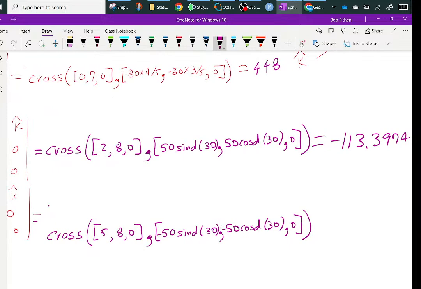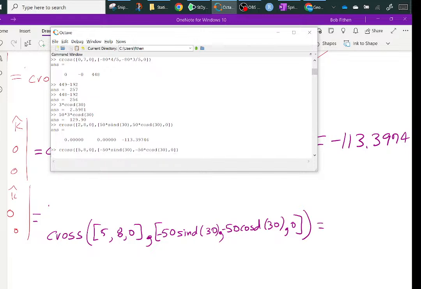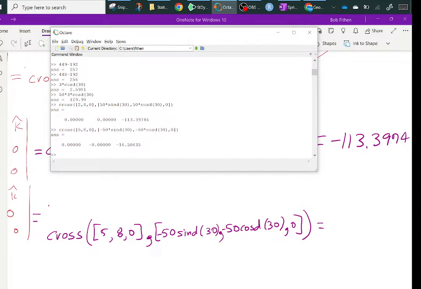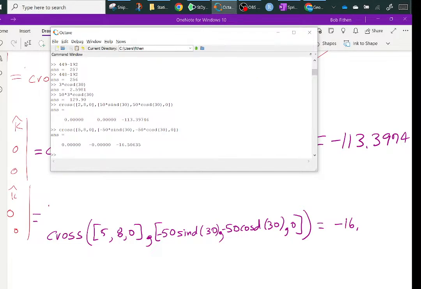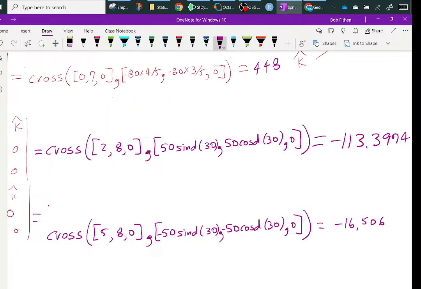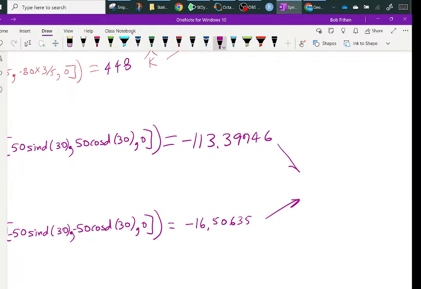See if I can do this correctly. Did I do that last one right? So first of all, got to put in a minus 5. And you see, minus 16.50635.